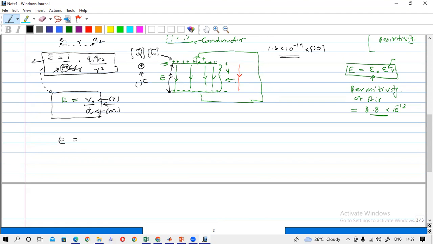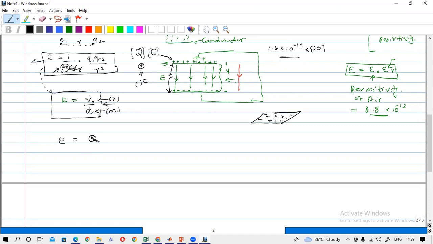So if you have the total coulomb value, and it is divided by the total area of these charges. In this case there is a plate, conductor plates, and there are some charges distributed on this plate.